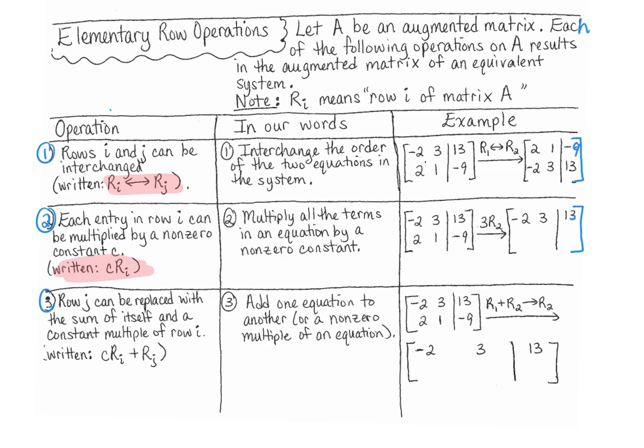But as an example, let's suppose that we have this given augmented matrix. This elementary row operation says multiply row 2 by 3. This says 3 times R2. The big arrow means this is going to give us a new, equivalent augmented matrix.